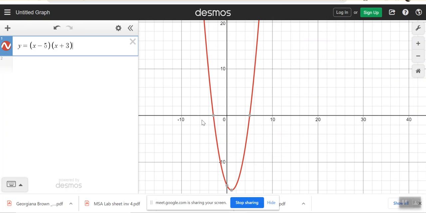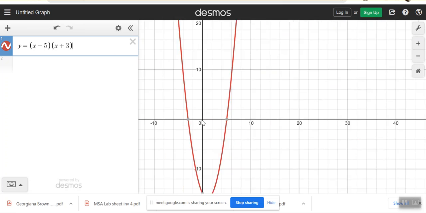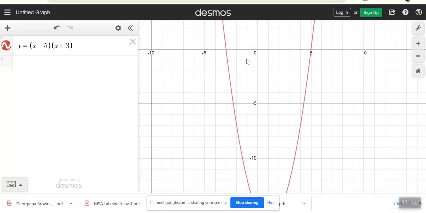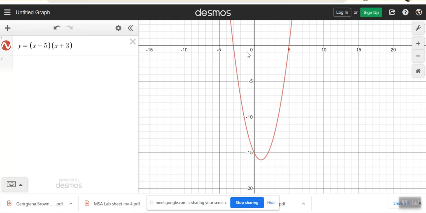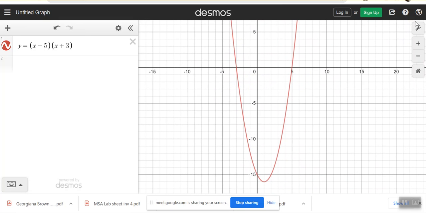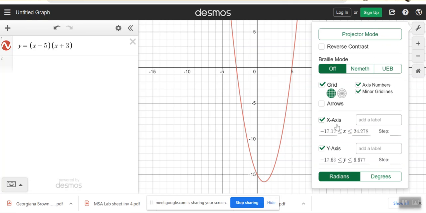And so I can zoom out or in. Gives me a headache. And you do that with your two fingers in and out. You figure it out. All right. And once you have your graph, if you want to customize how much you see, you can change the values here. I don't really feel the need to do it, but why not?